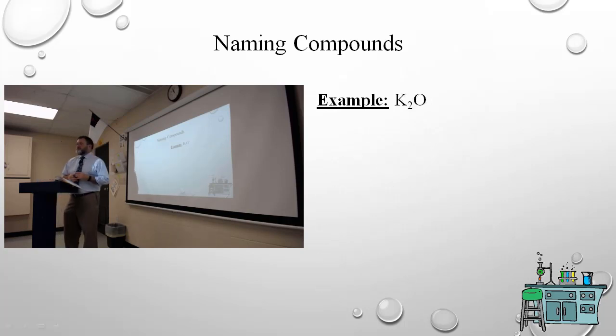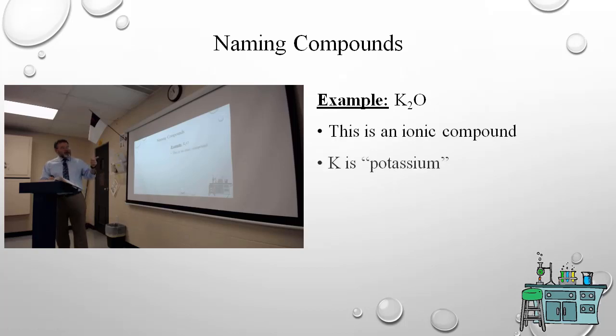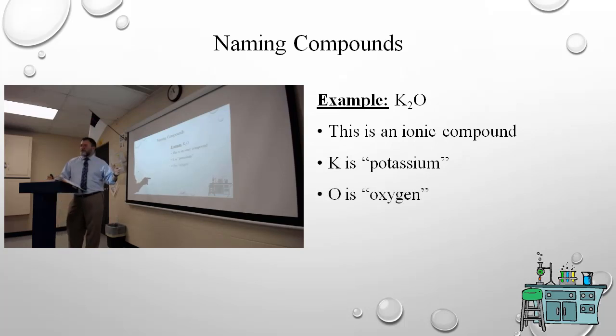Second example, K2O. Ionic or covalent? Ionic. Ionic because? Metal. What is that metal? It's potassium. Okay, so it's an ionic compound. K is potassium. O is oxygen.